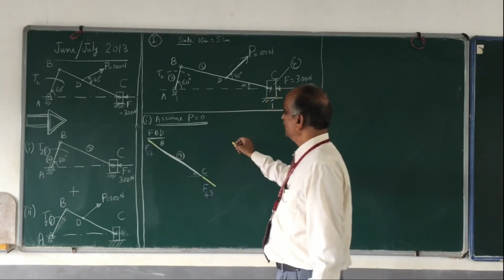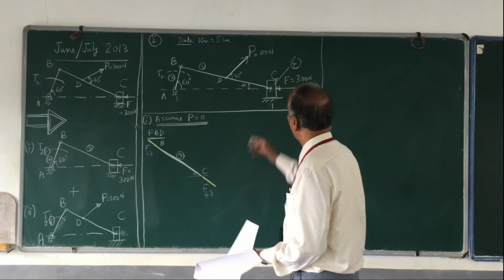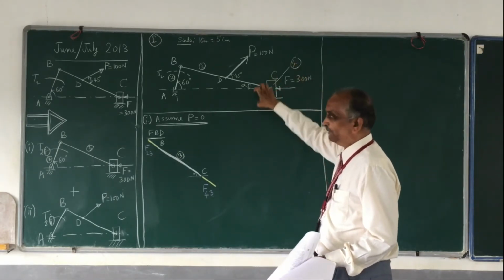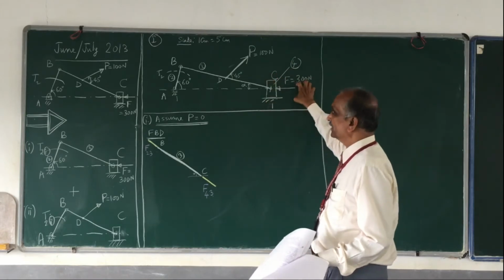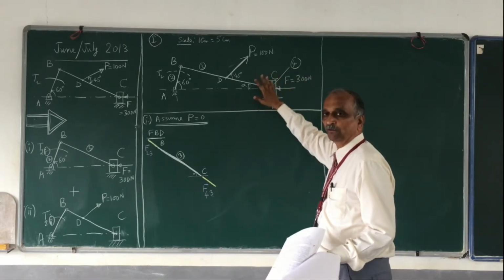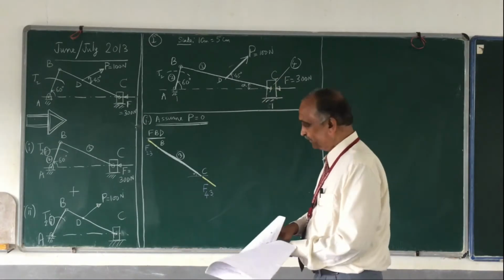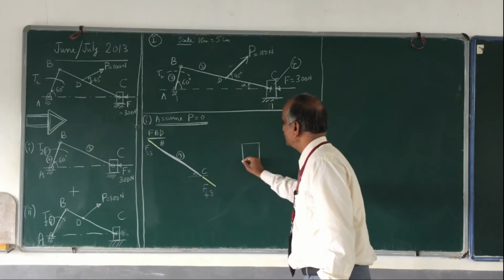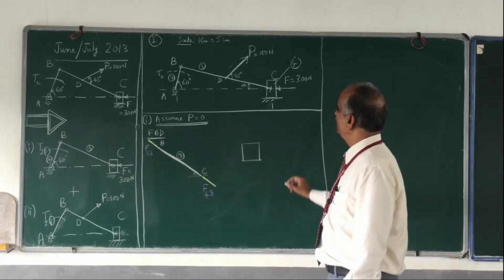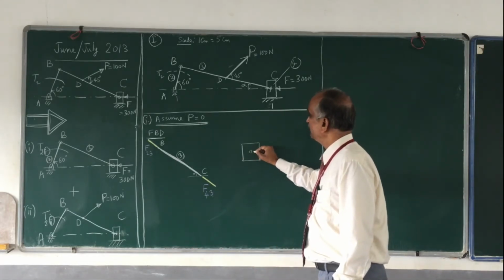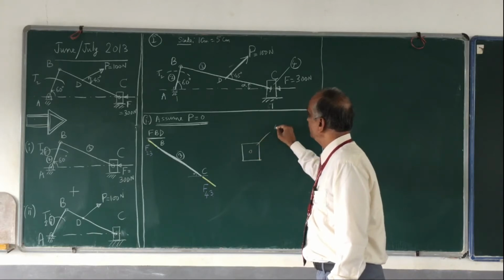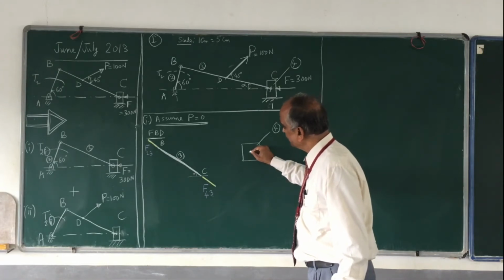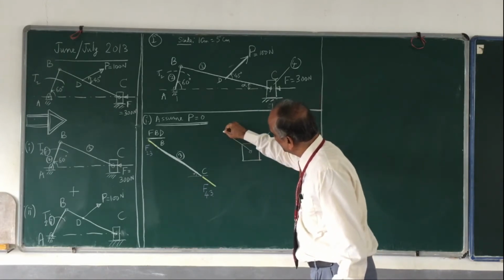Now I shall draw the free body diagram of link number 4. Why? Because I know the value of F, I can make use of it, draw a force triangle, and find out the values of the unknown forces. So this is the pin where I have the connection with link number 3. At the center of the pin, I have a force.